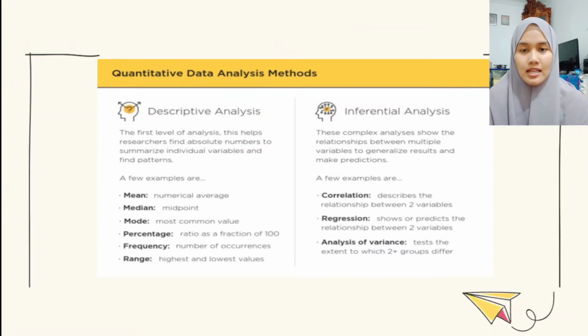Percentage is used to express how a value or group of respondents within the data relates to a larger group of respondents. Frequency, the number of times a value is found. Range, the highest and the lowest value in a set of values.